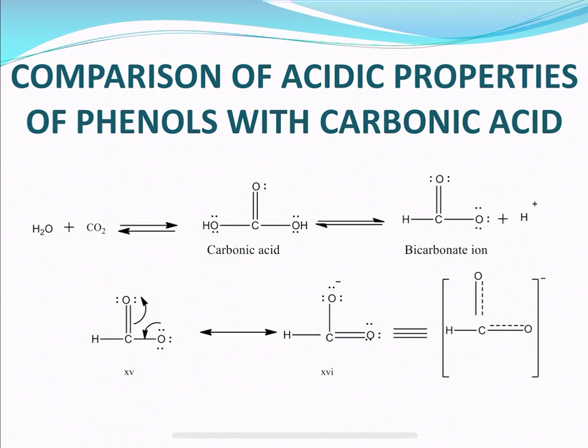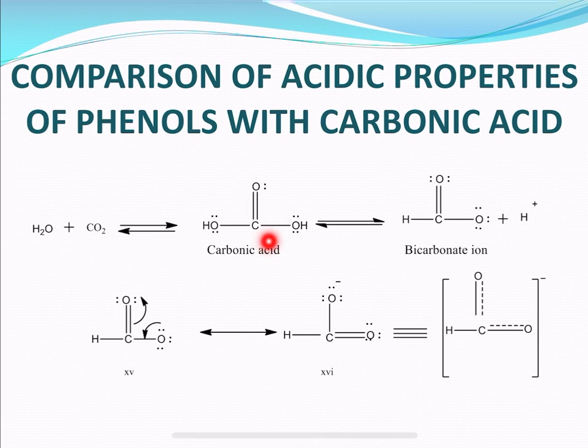Next is a comparison of acidic properties of phenols with carbonic acid. The ionization of carbonic acid may be represented in this way. When water combines with carbon dioxide, we get carbonic acid, and this is its structure. Here is carbon dioxide and this is water, H2O.